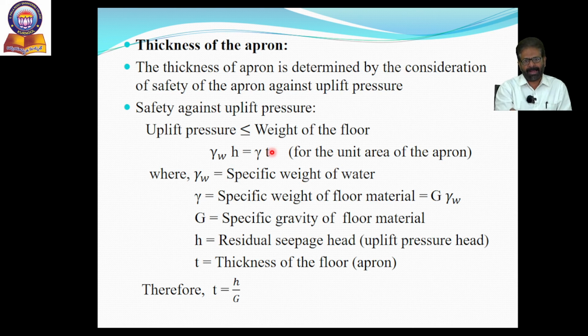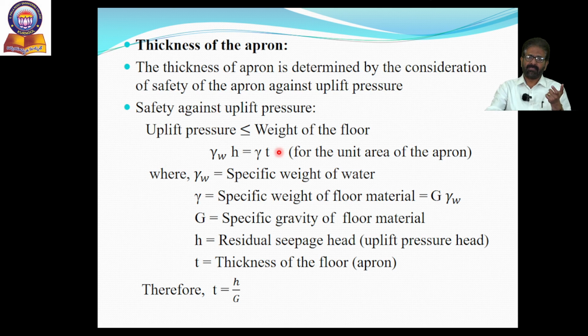In a simple manner, with reference to specific weight or weight density, we can calculate the weight or force. So gamma W into H is equal to gamma into T. You observe carefully, the uplift pressure is given by gamma W into H, where H is the uplift pressure head. I think you are all aware about the pressure and pressure head. Pressure is the intensity of pressure.